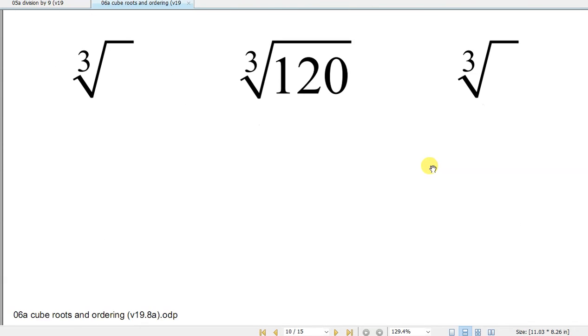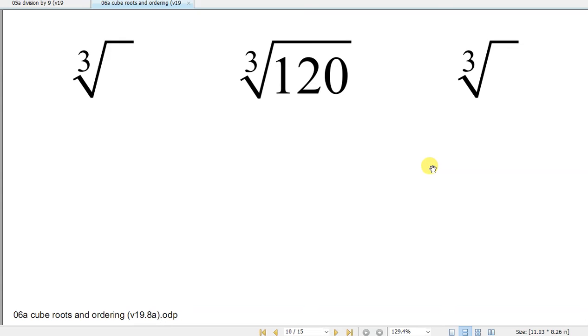Let's do another one in our notes also. We'll approximate the cube root of 120. All right.